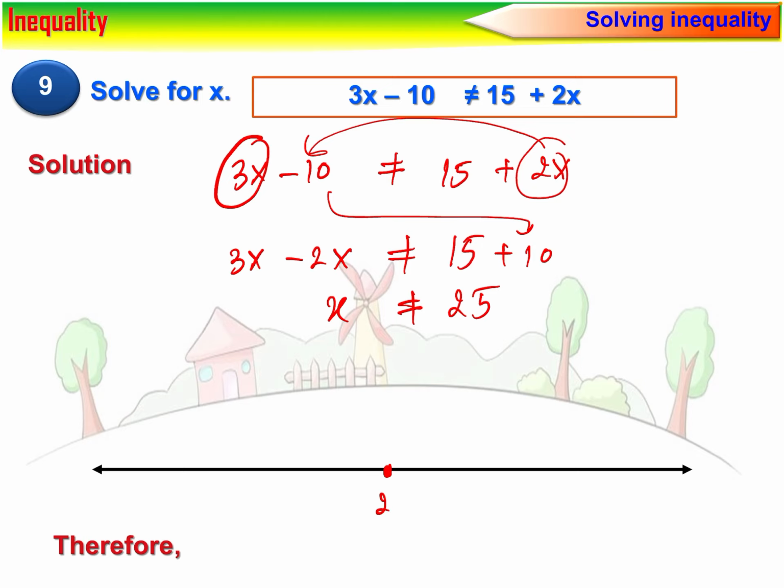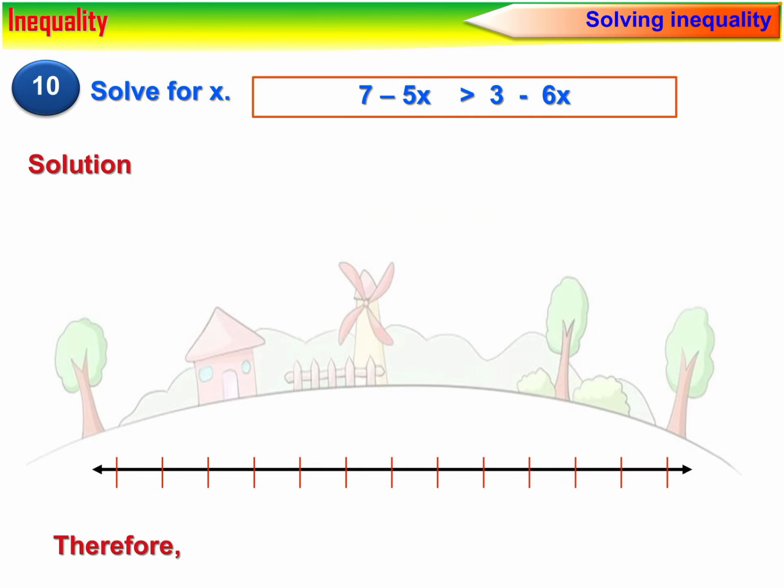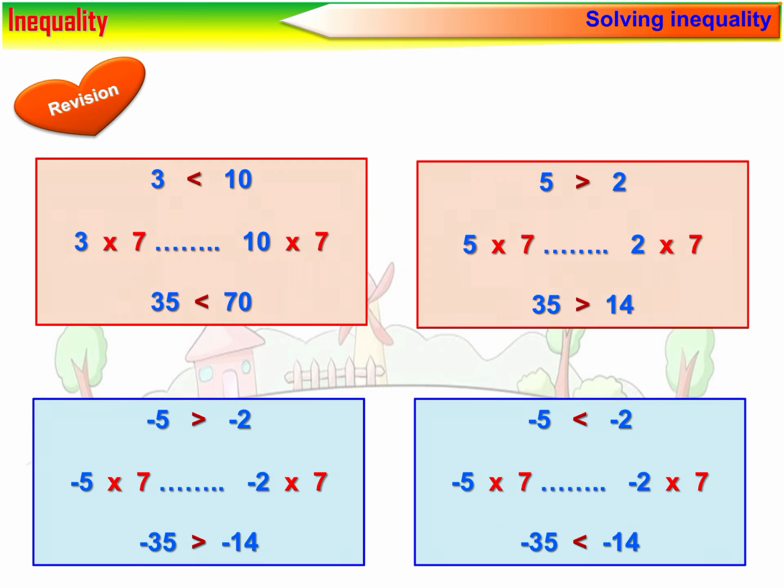On the number line you need to have 25, right, it's not equal to 25, so it's a circle, make a line to the right hand side or to the left hand side like this.